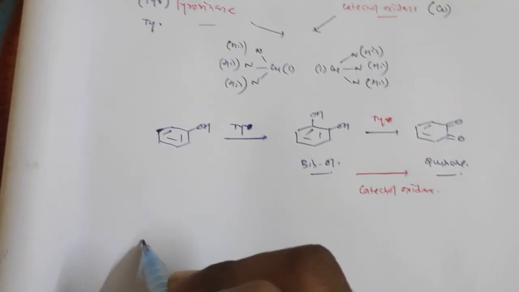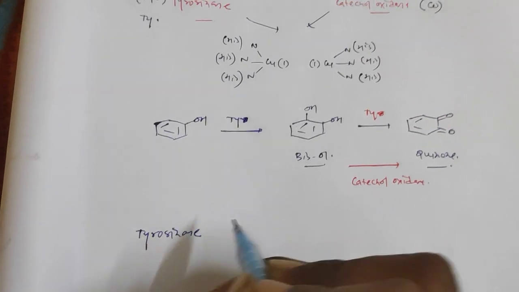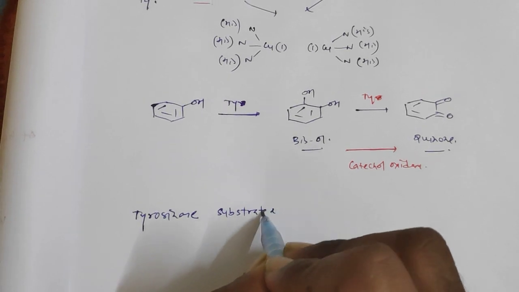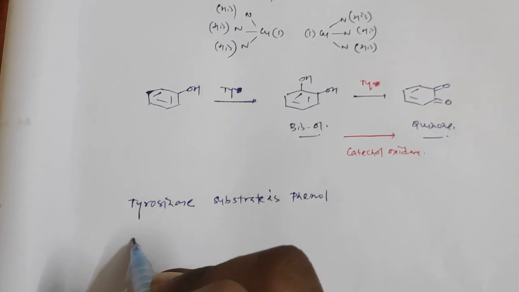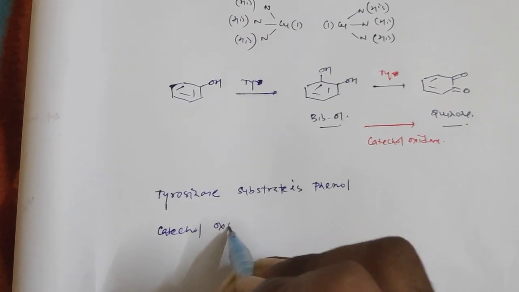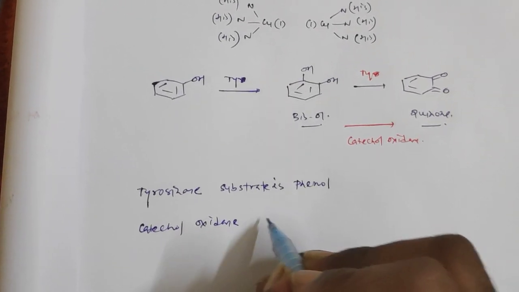For tyrosinase, the substrate is phenol, and for catechol oxidase, the name itself suggests that it oxidizes the catechol moiety.